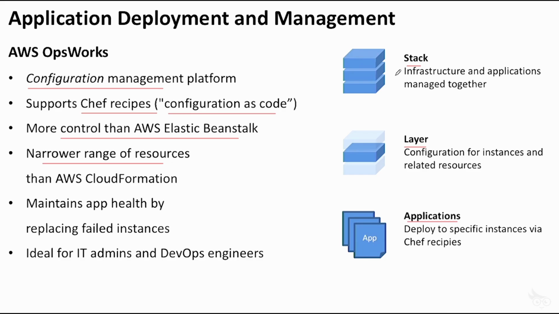Within a stack, we have layers. Each layer represents particular types of instances and related resources. One architecture might be classic three-tier architecture, where you have load balancers out front, application servers, and then in the back database servers.